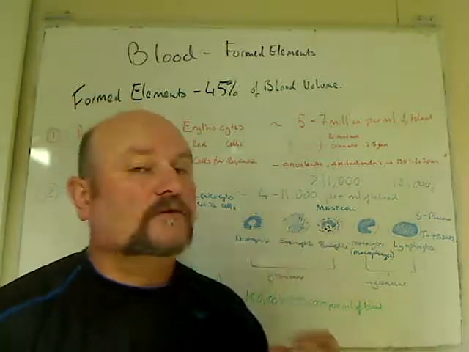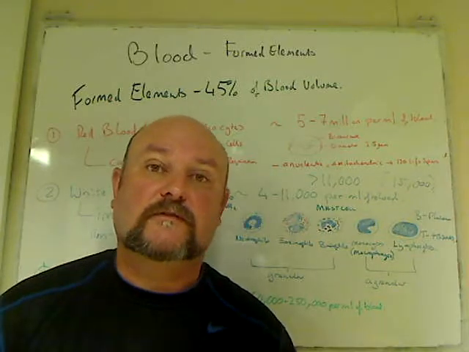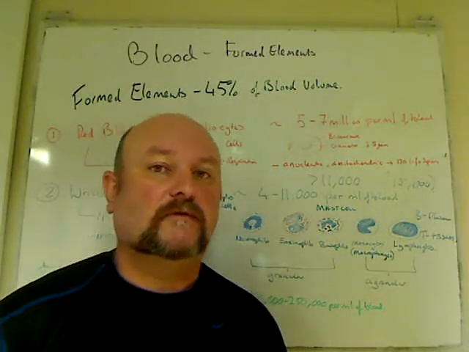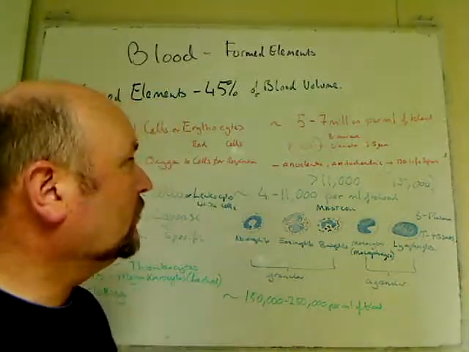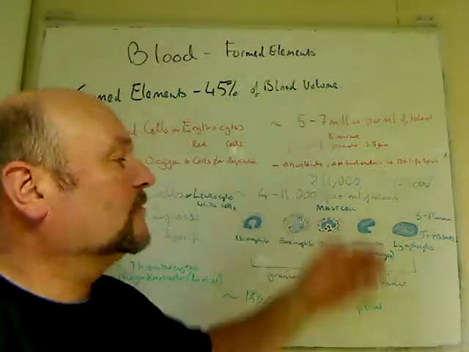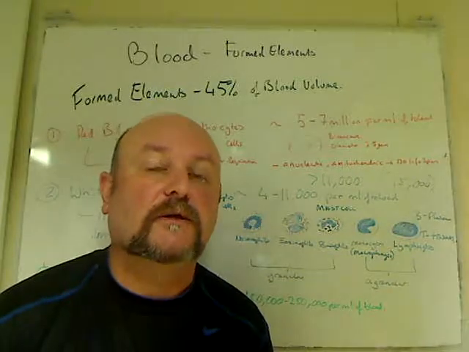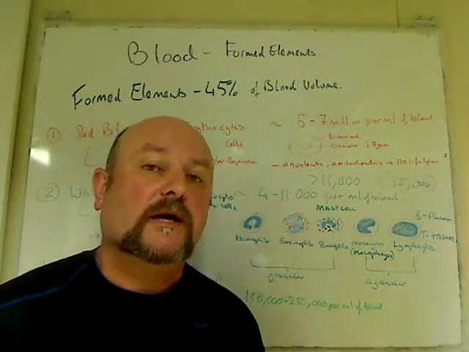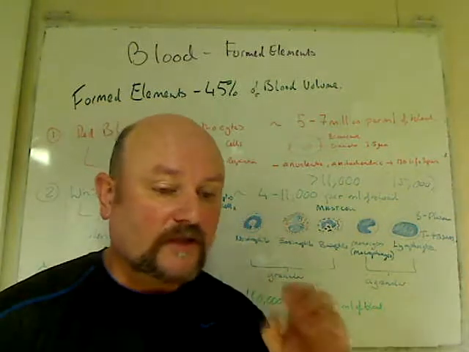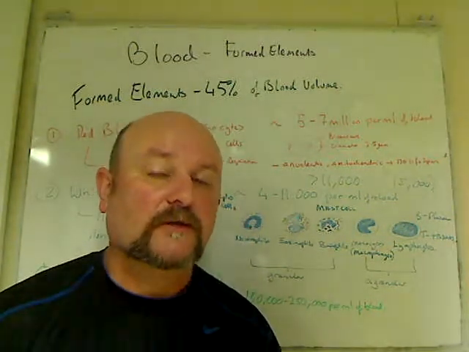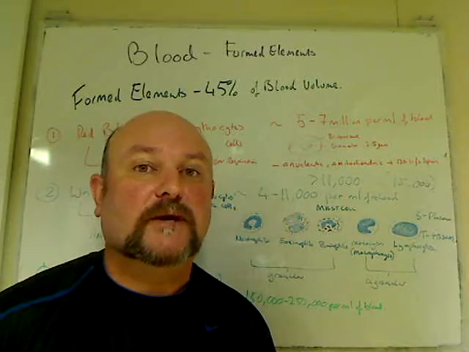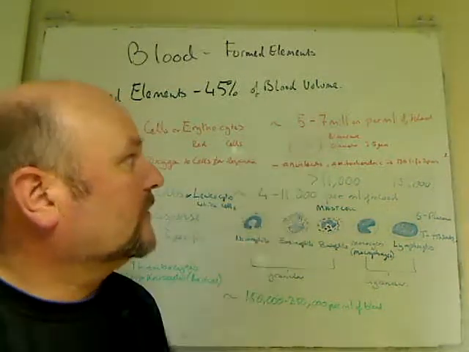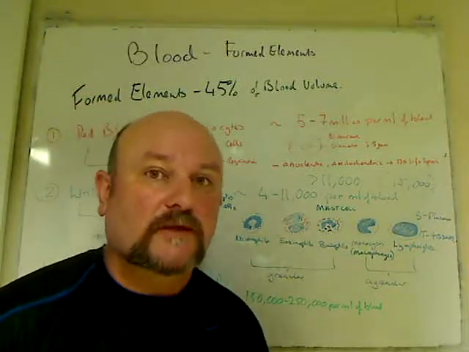Anemia itself is not a diagnosis, it's just a finding which then leads you to look for what's caused the anemia in the first place. And there are many different types of anemia. The most common really is probably iron deficiency anemia, where we just simply haven't consumed enough iron in our diet, and therefore at the center of our hemoglobin, the iron sits there and actually binds the oxygen to carry. So without enough iron we can't carry enough oxygen, hence we have anemia.